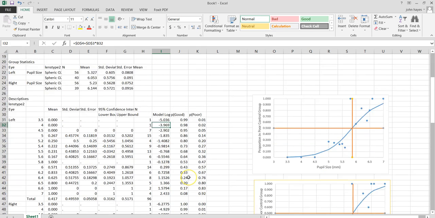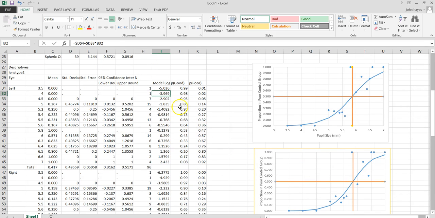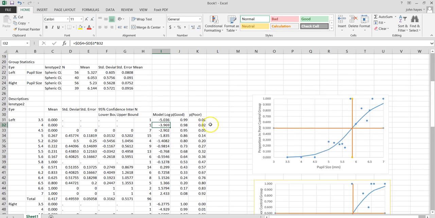Now, one thing that's a little weird is that even though the logistic regression figured out what to do, unfortunately, they made the probability of having a really small pupil size a really high probability.